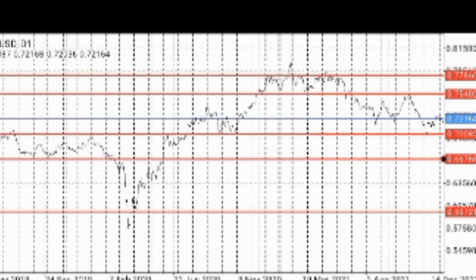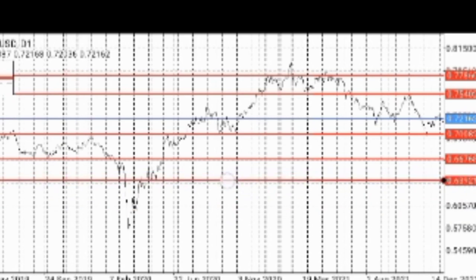So it's touching 1, 2, 3. This one is just touching only 1, so I may just bring this up to this point where we can have 2 touches. 1, 2, 3. So with this, I've been able to draw my support and resistance very accurately.